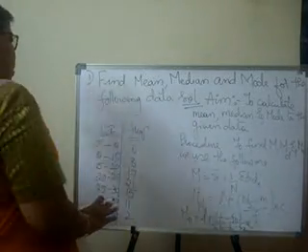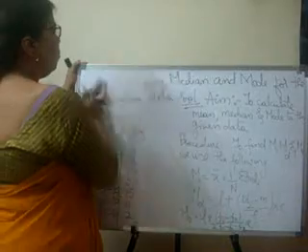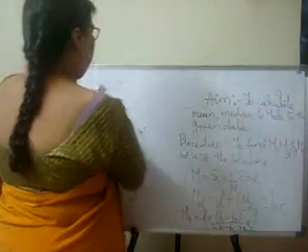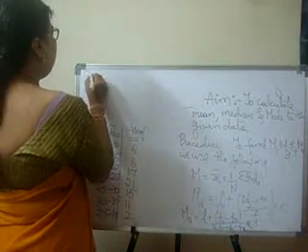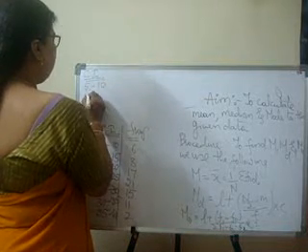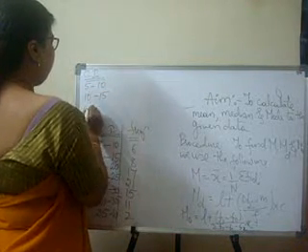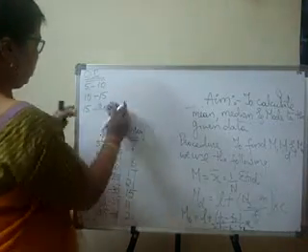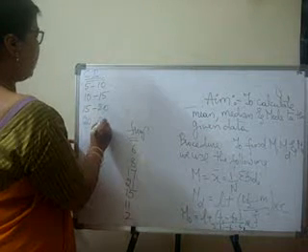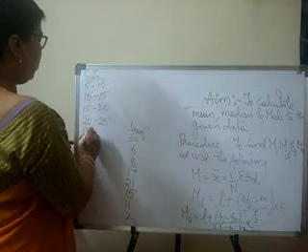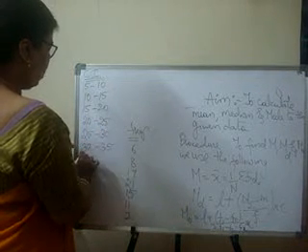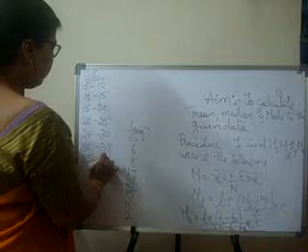Now this is the procedure. Let us start with mean. Class intervals are 5 to 10, 10 to 15, 15 to 20, 20 to 25, 25 to 30, 30 to 35, 35 to 40.